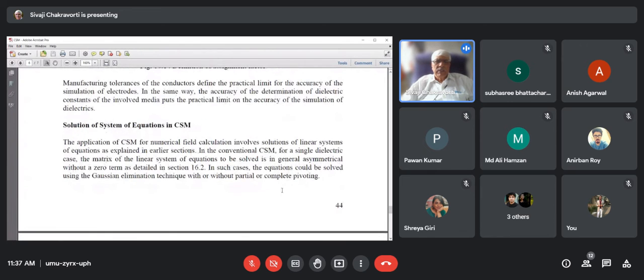A solution of the system of equations in CSM is very straightforward, because in this case our coefficient matrix is almost full, or maybe 70% full, so we don't go for the iterative solution.